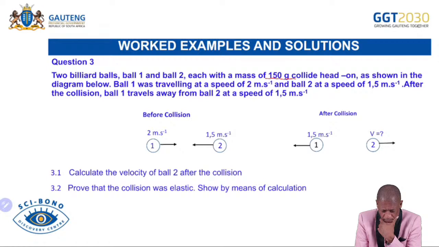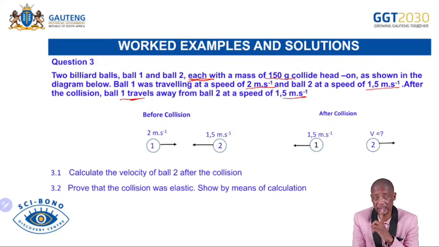Each ball has the same mass. Ball 1 was traveling at a speed of 2 meters per second, and ball 2 at a speed of 5 meters per second. After the collision, ball 1 travels away from ball 2 at this speed.